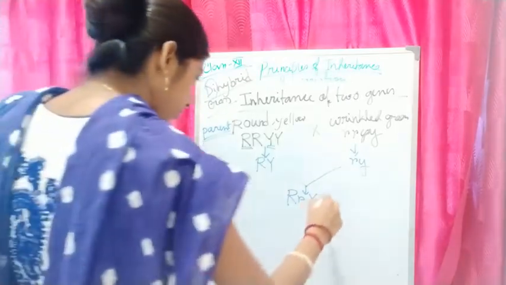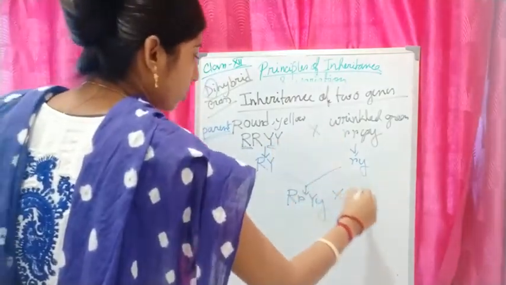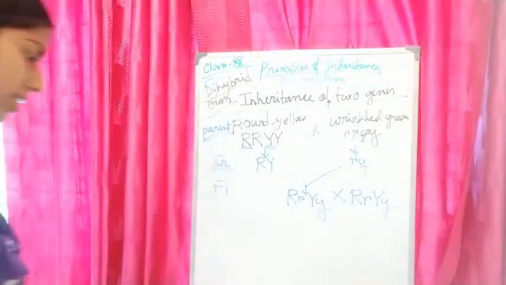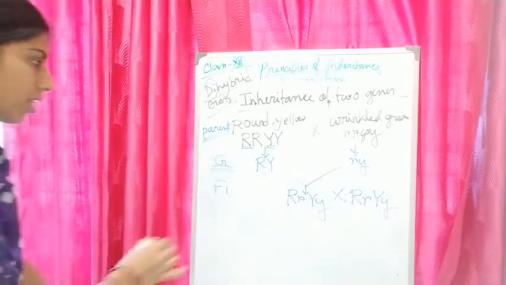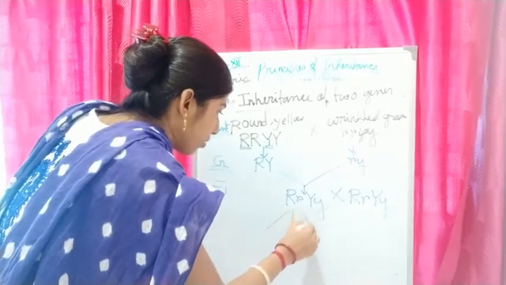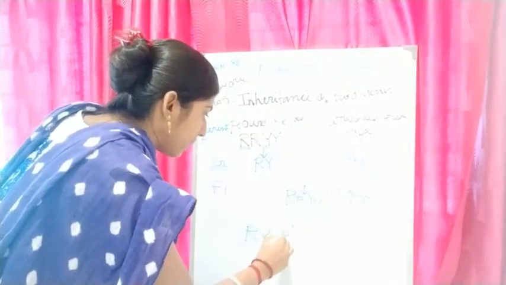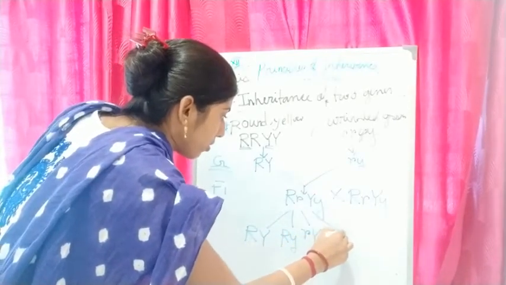Now after the F1 generation, say it is the cross pollination. Now self pollination will occur, right? So what will be the gametes produced from this? From this, four gametes will be produced: capital R capital Y, capital R small y, small r capital Y, small r small y.